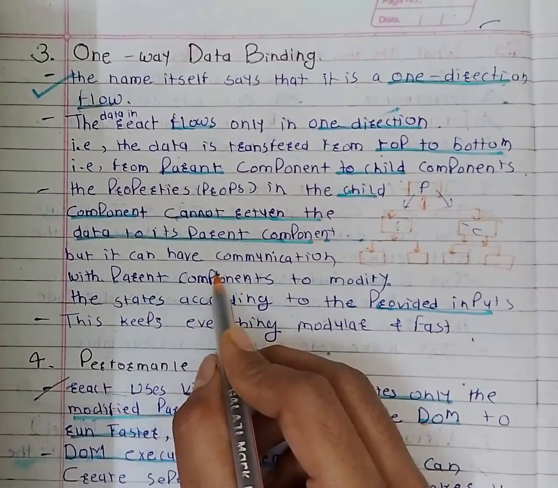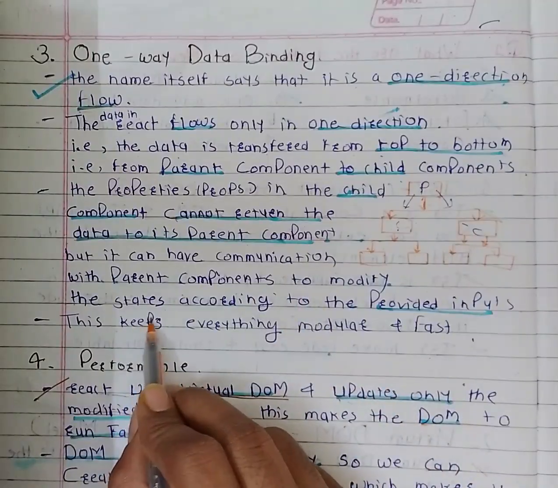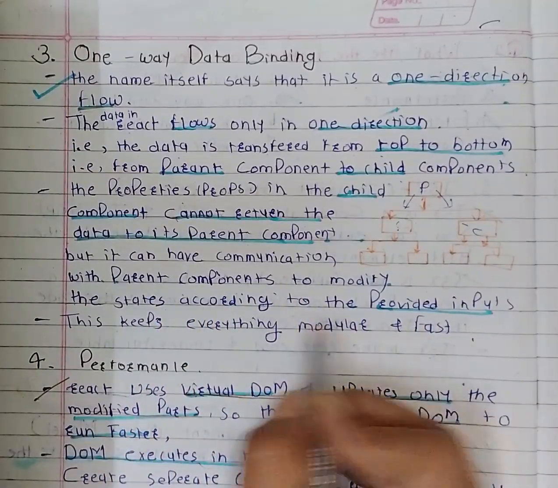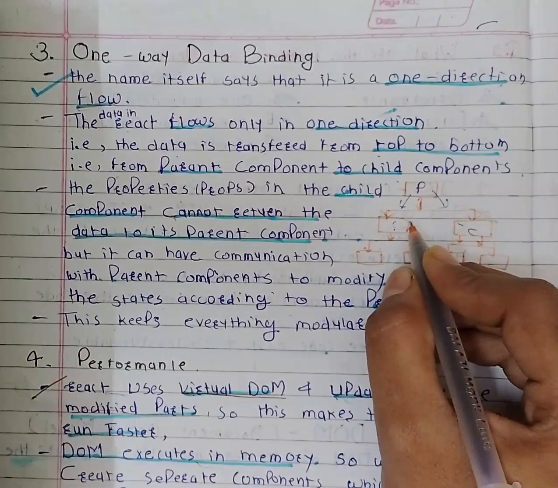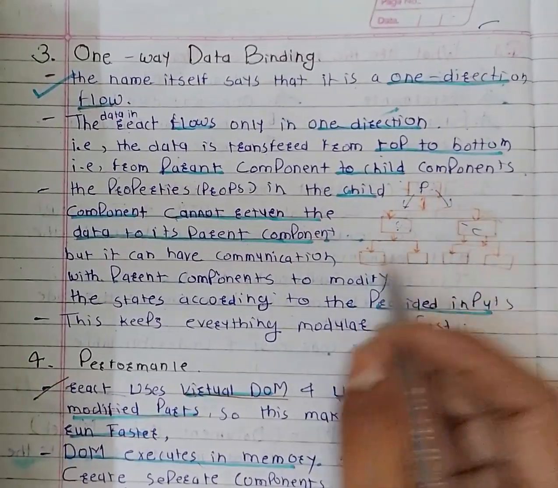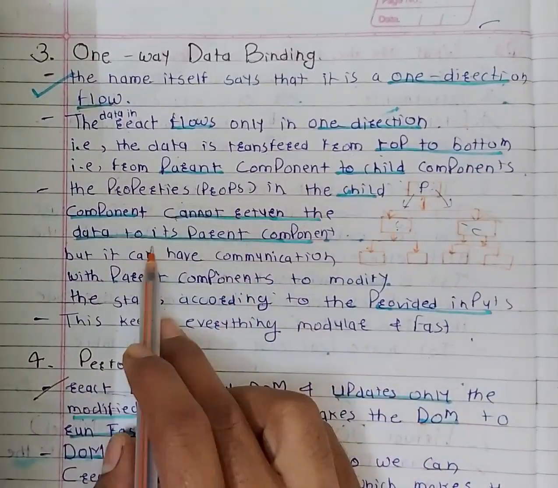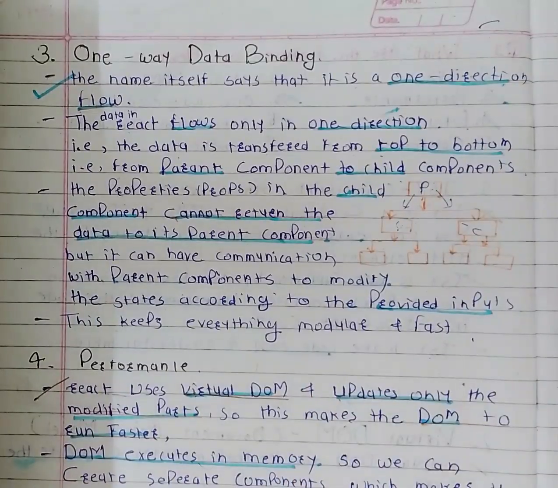But it can communicate with parent components to modify the states according to the provided inputs. It cannot flow the data from children to its parent. But what does it do? It can access that data by using the props.